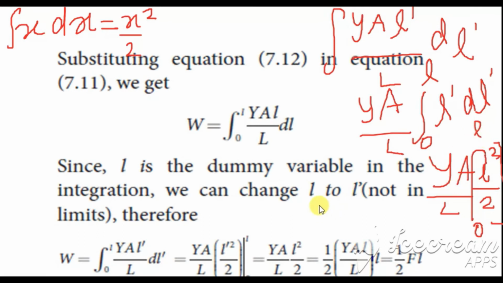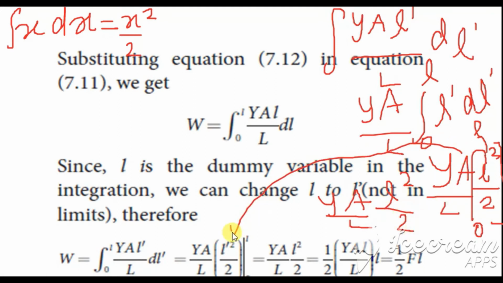This term YA divided by L stays as it is. Now if you apply the limit, l dash becomes l square, so l square divided by 2. Applying the limits, upper limit minus lower limit, the lower limit is 0 so we neglect it. So YA by L into l square divided by 2.